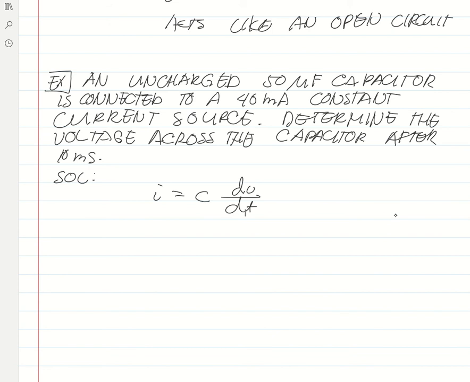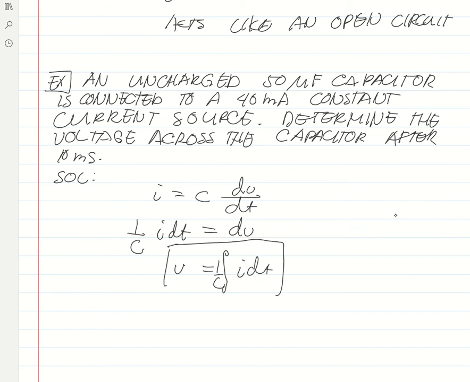So we can derive the voltage here. By cross multiplying, this will be 1 over C times I dt equals dV. Then taking the integral of both sides, V will be equal to 1 over C times the integral of I dt. So this is another formula, the voltage across the capacitor.